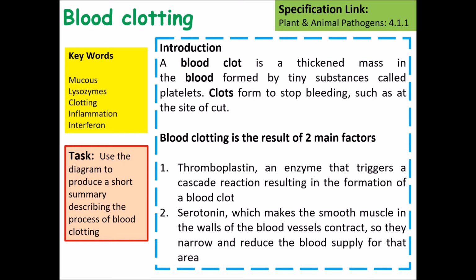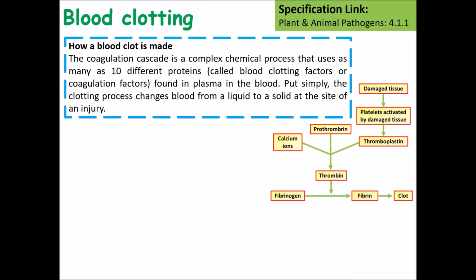One of the other main types of non-specific immune response is blood clotting. A blood clot is a thickened mass of blood that forms by tiny substances called platelets clotting together, so sticking together. Blood clotting works in a very specific manner.